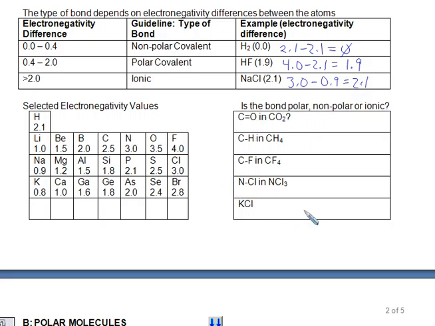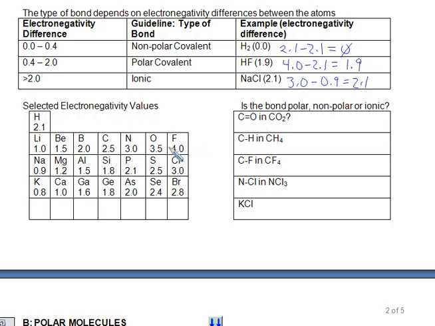So what I want you to do here is to figure out what the electronegativity difference is between each one of these molecules, and then determine if the bonds are nonpolar or polar. So we'll do CO2 together. In this case, you treat this as just one bond. Ignore that this is a double bond here.